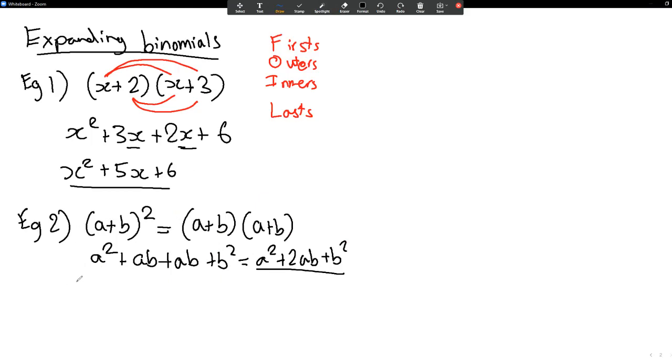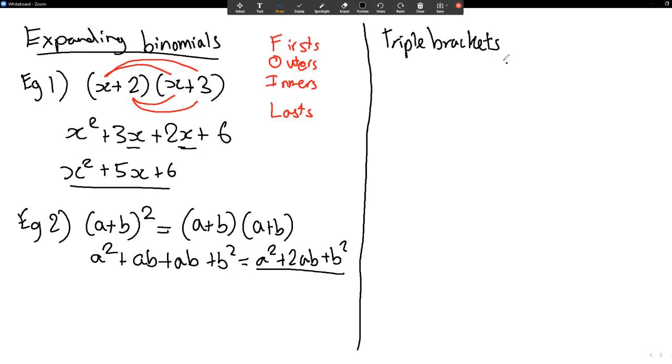Okay. Right, so we can actually do something a little bit more complicated with these. These are triple brackets. And in fact, once you know how to do 2 brackets, you can do any amount of brackets. It will be very difficult to do a lot of brackets without more tools, but this is all you'll need for your GCSEs.